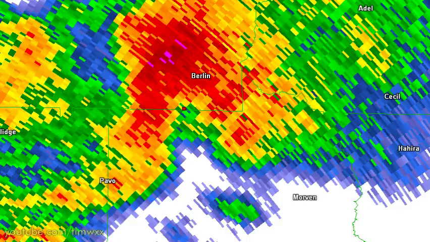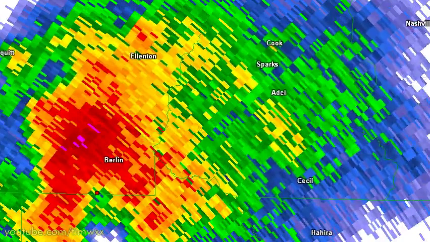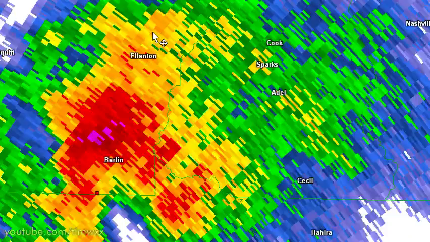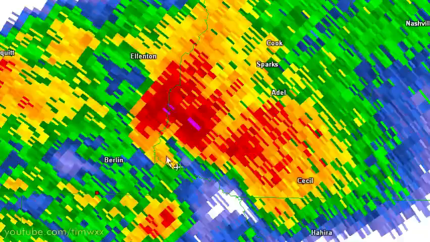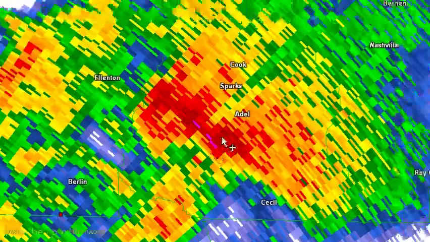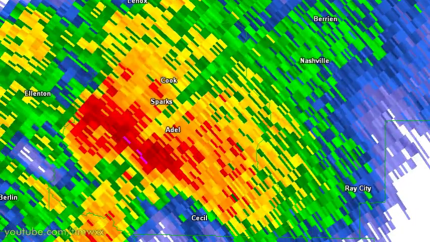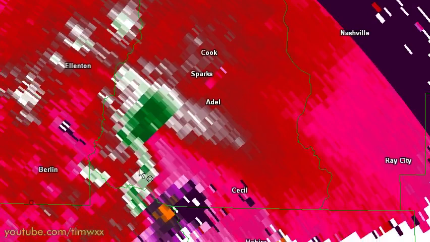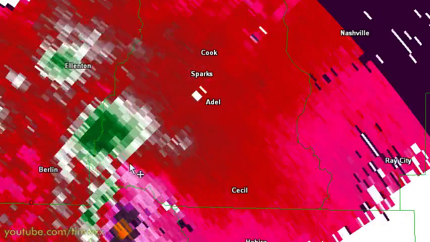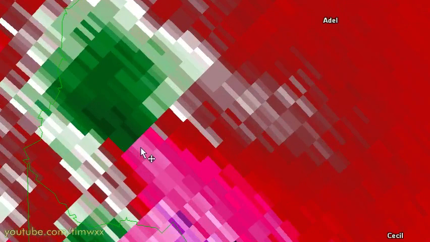Okay, let's see here. Let me get my cursor back. And let's see what happens to the storm as the hour goes on. Storm continues moving northeast. Still retaining a very good circulation there. Very strong gate-to-gate shear there now.